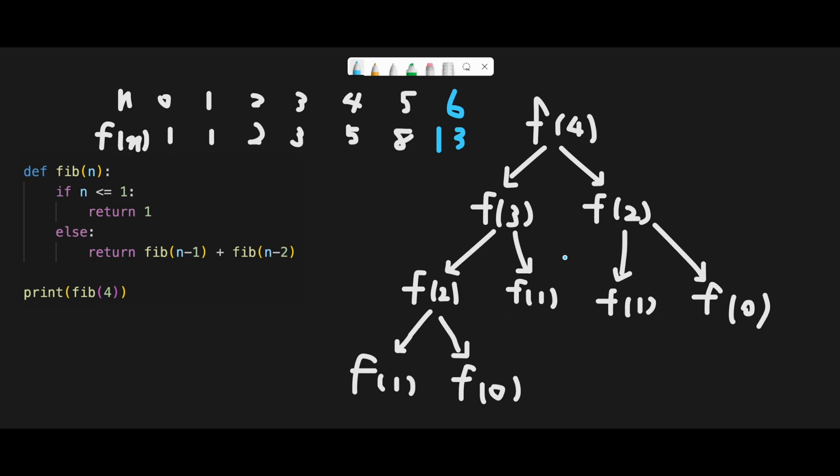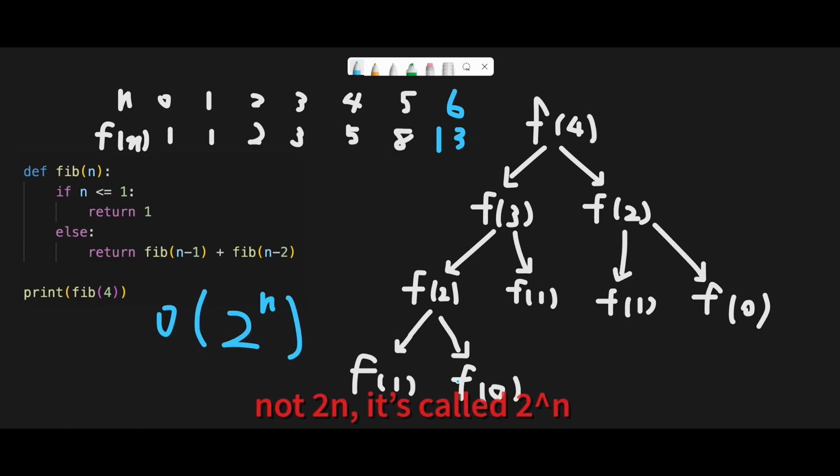So the overall time complexity: every time we have two calculations, and n times. So the overall time complexity should be 2 to the n, where n is like the height of 3 in this case.